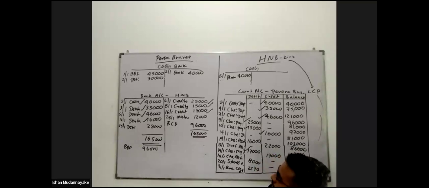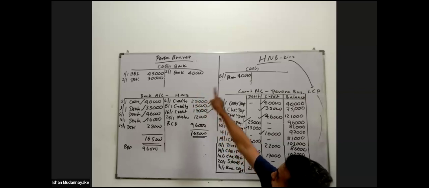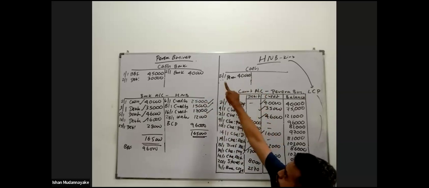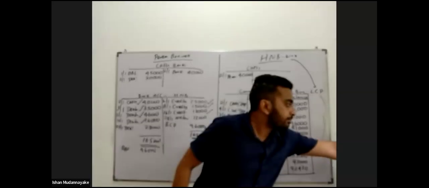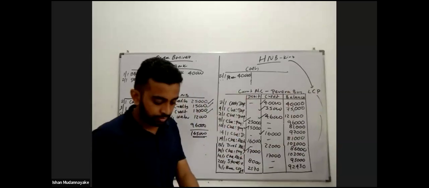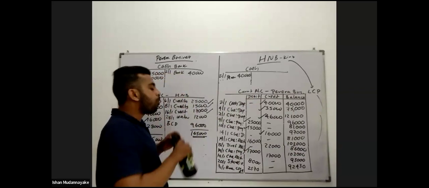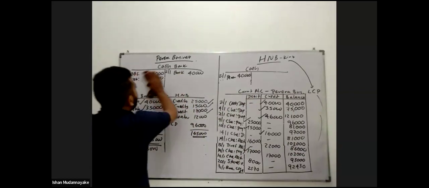Right. Now here in this whiteboard I don't have enough space. Therefore, I will remove that cash book prepared by the bank.